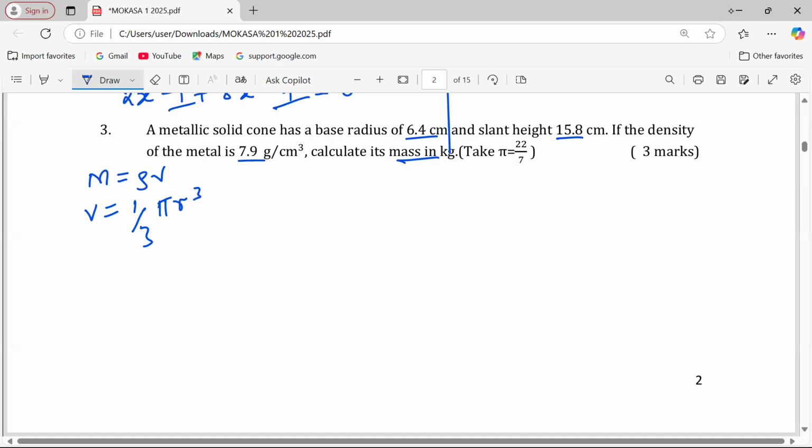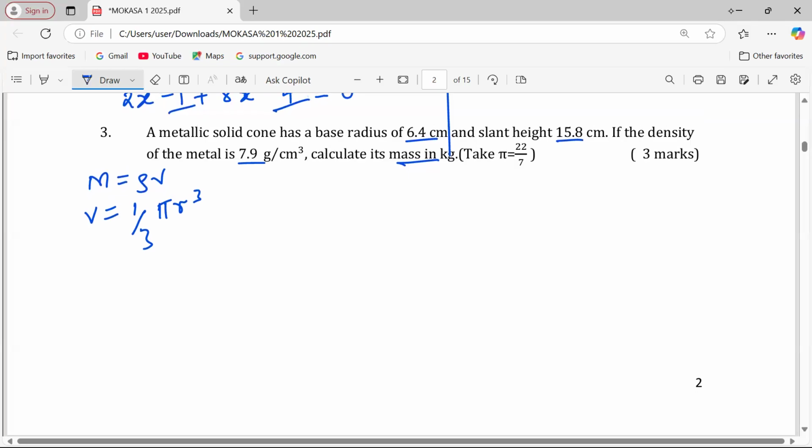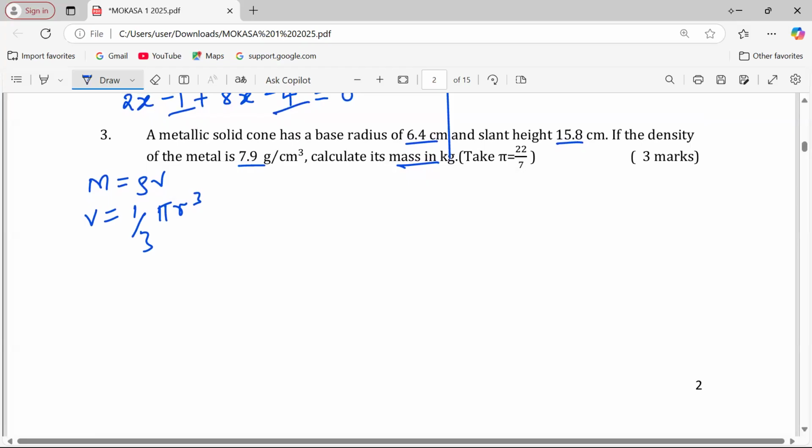Sorry, I think I was confusing a cone with a sphere, whereby for a cone we just need a third of the base area, then multiplied by height.